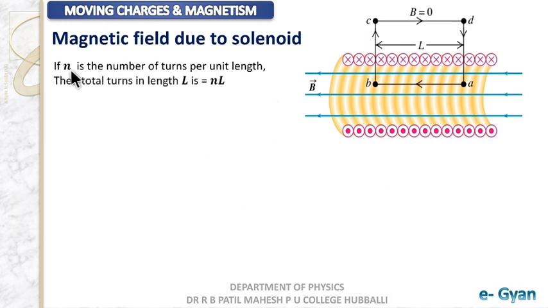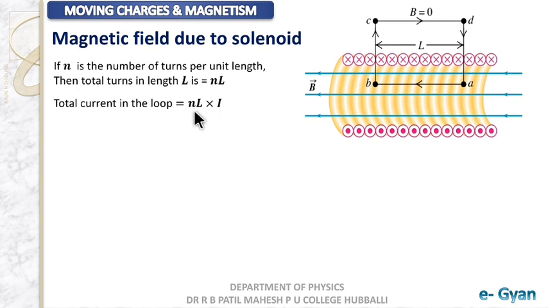Here if n is the number of turns per unit length, then for a length L from here to here I'll have n into L amount of wires. So that many turns will be there. If that many turns are there, and in each turn a current I is flowing, then I'll get the net current to be nL into I. So nL is the total number of turns in a length L, and I is the current flowing in each turn.